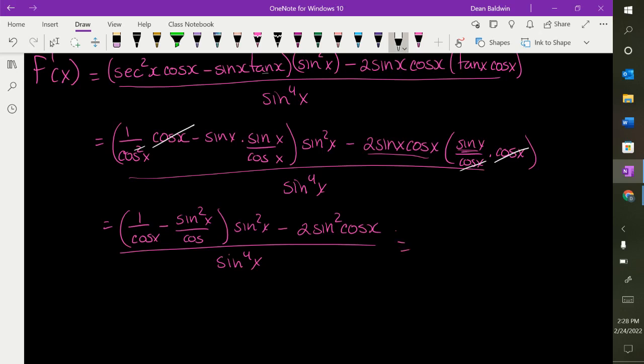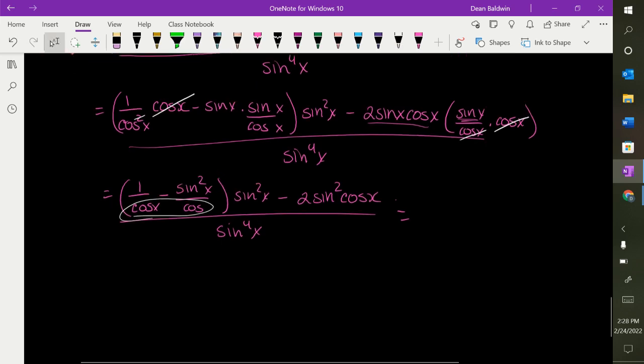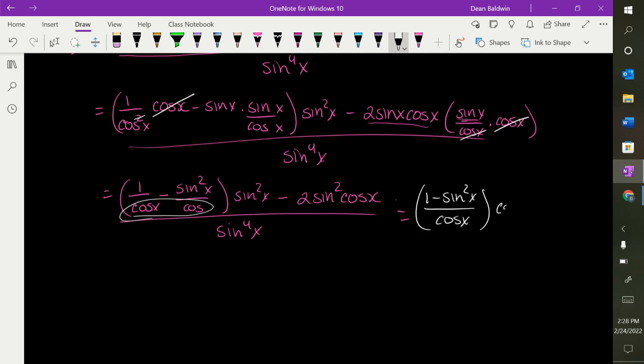Okay. These already have a common denominator, so I end up with, I'm going to do it off to the side, I'll have to write it over here. 1 minus sine squared of x over cos of x times sine squared x minus 2 sine squared cos all over sine to the fourth.